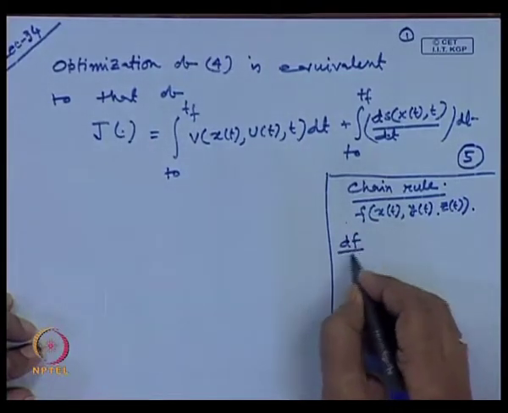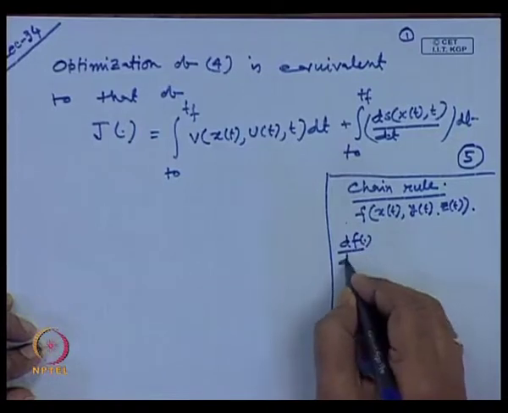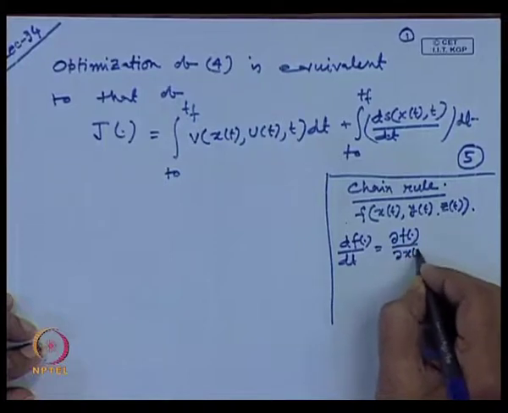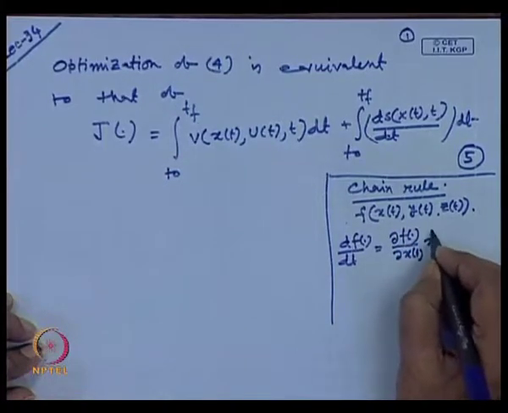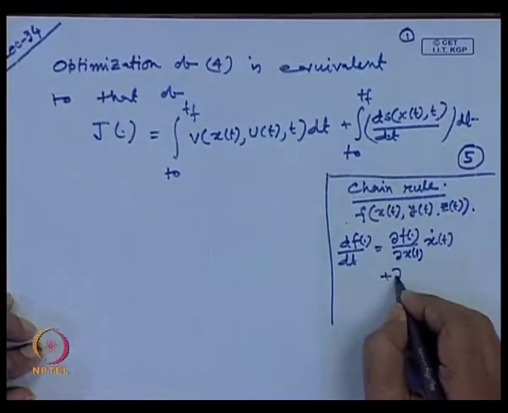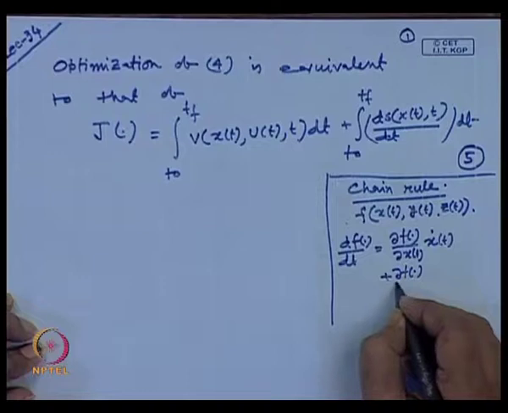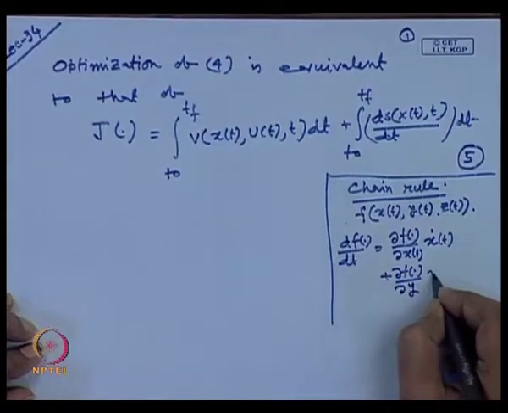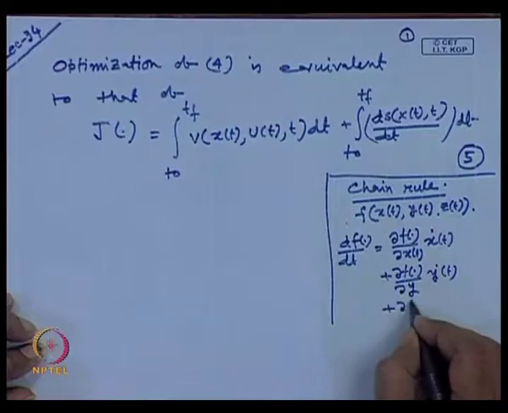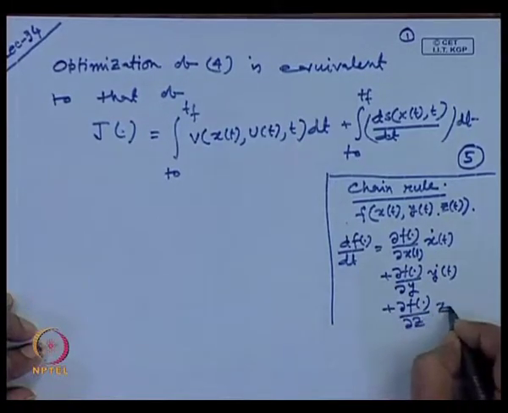By the chain rule, df by dt is del f del x into x dot of t, plus del f del y into y dot of t, plus del f del z into z dot of t.